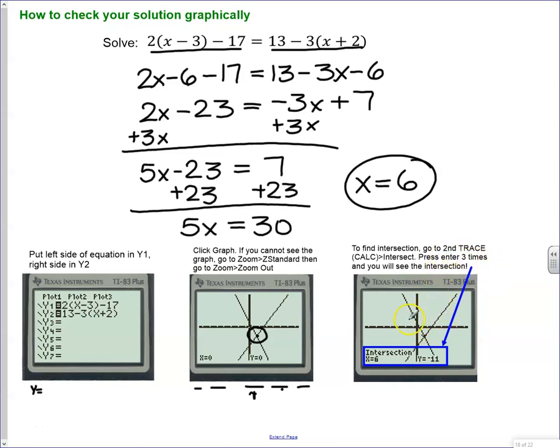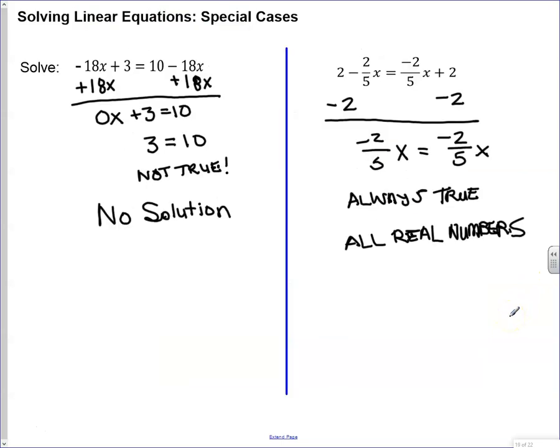You press enter 3 times just to show which lines you're looking at, and then you get this as your output, so it shows that your answer is x equal to 6, which is also what we got up here. So you could check your answer that way, or if you want to actually solve the problems that way, you can do it that way as well.